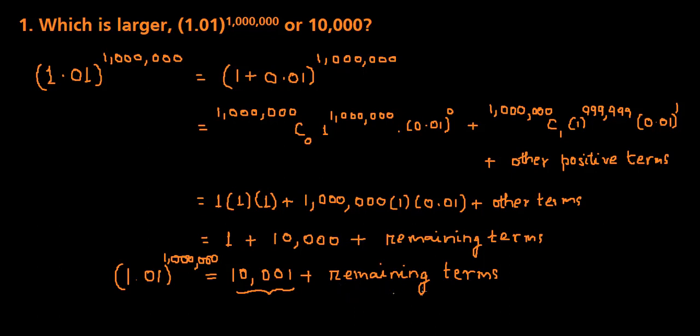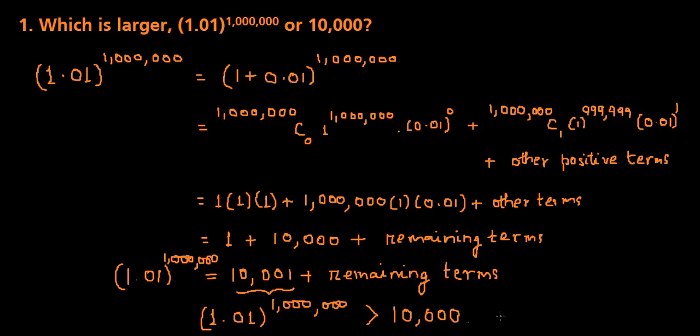It is evident that this number is greater than 10,001. Hence we can say that 1.01 raised to the power of 1 million is greater than 10,000. So this was the first question.